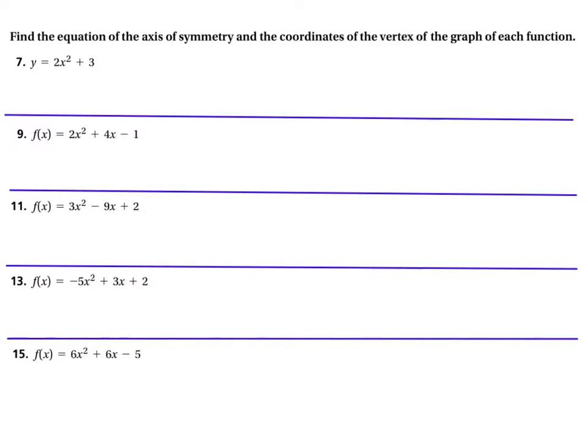We've got an equation for the axis of symmetry: x equals negative b over 2a.